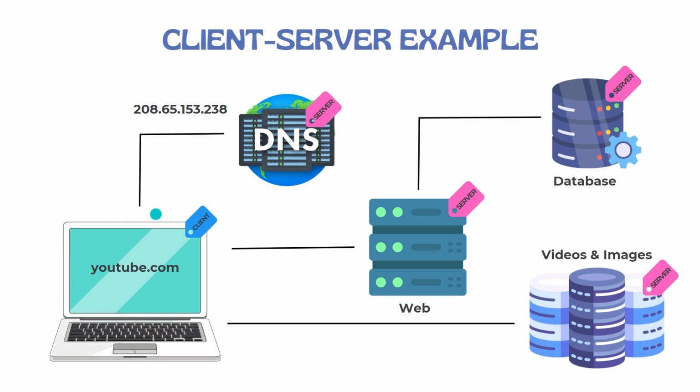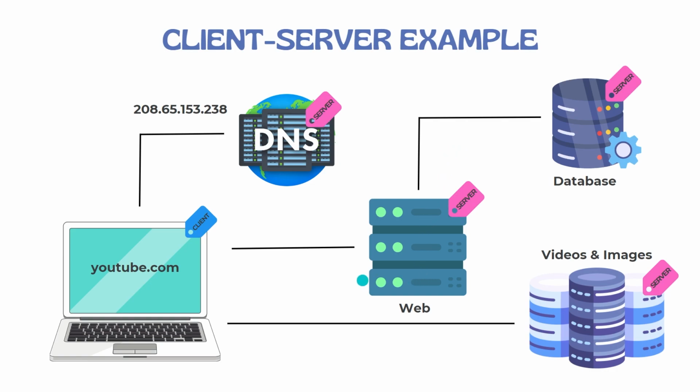So we get the information back to where the address is, and then the browser will automatically contact the web server. The web server then, like I said, some servers can become clients, will contact the database server to get, let's say, a list of content that might be interesting for you to watch.